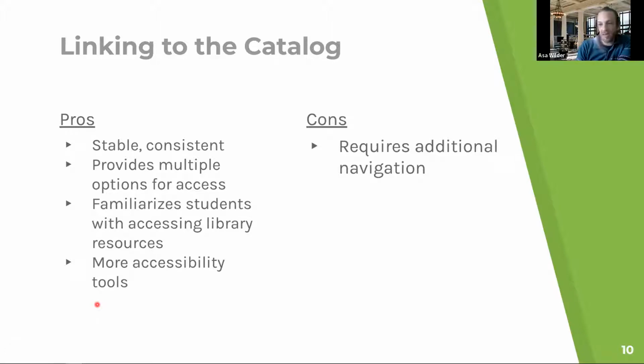And as Meg mentioned as well, there are these tools built in to the catalog, not only the citations, but also accessibility. It does require that bit of extra navigation though, for them to click that next link.